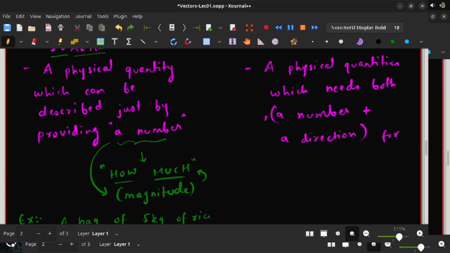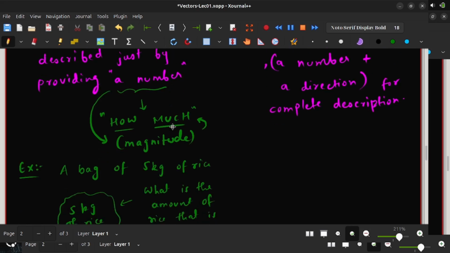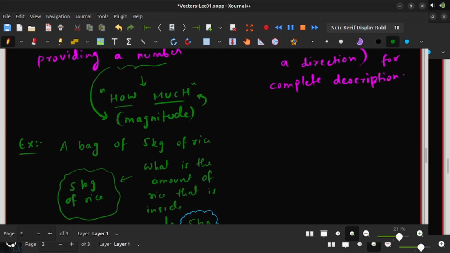For complete description. If you don't tell me both the things, then it is incomplete. How will we understand this? Let's do this example. Maybe you are standing on a platform and the platform is like this, and a train is coming towards you.